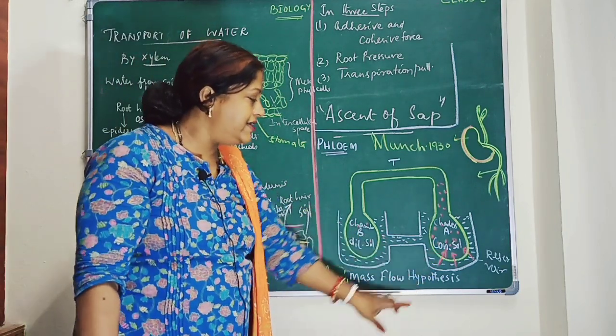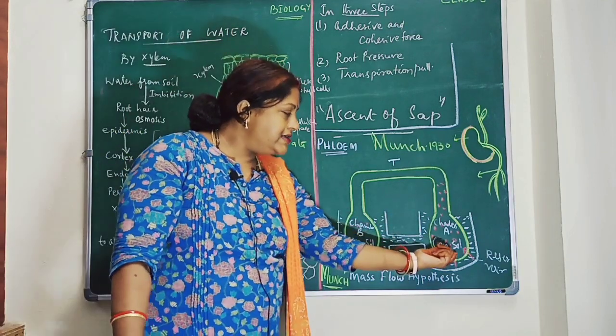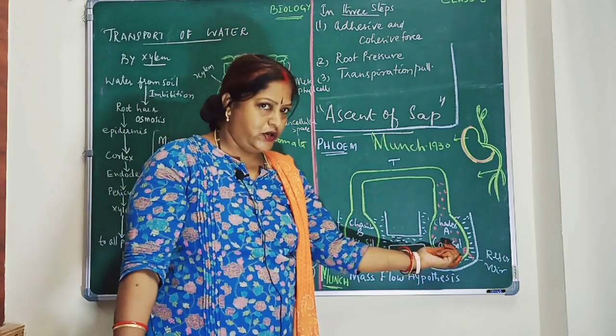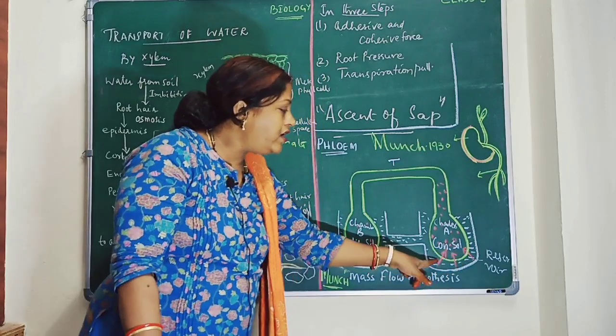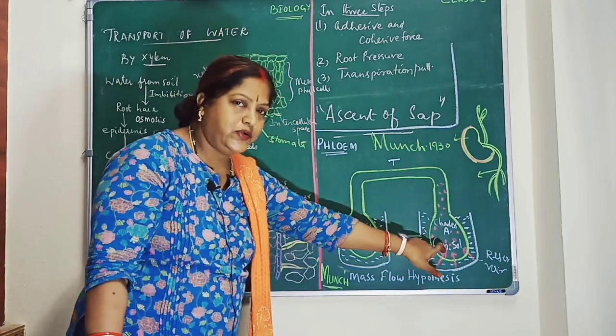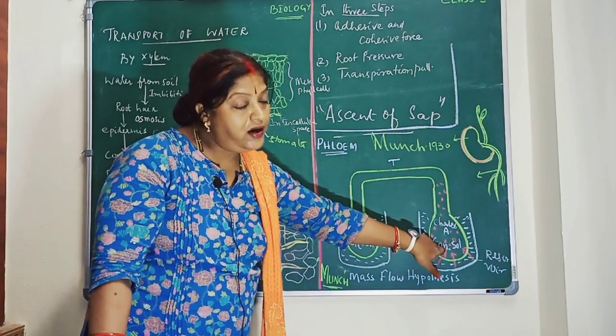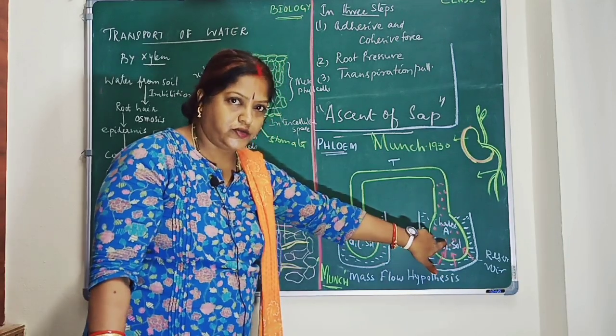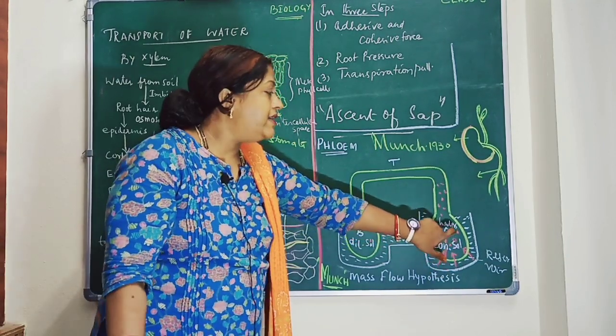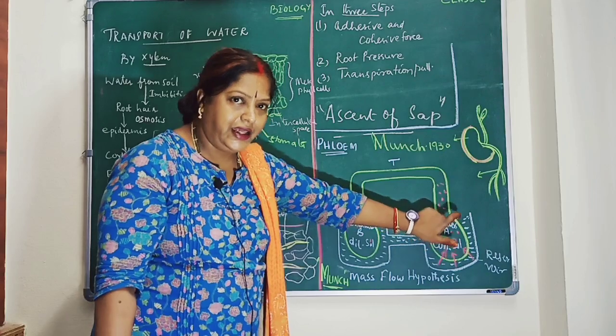Chamber A consists of concentrated solution, and the water from the reservoir enters into this chamber due to endosmosis, and thereby the turgor pressure in this chamber increases.